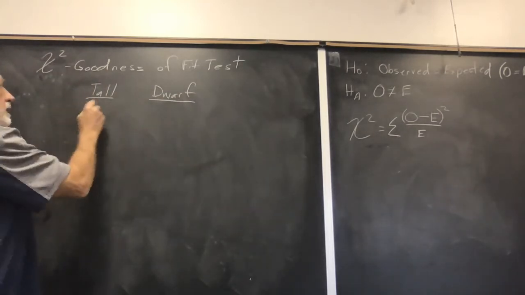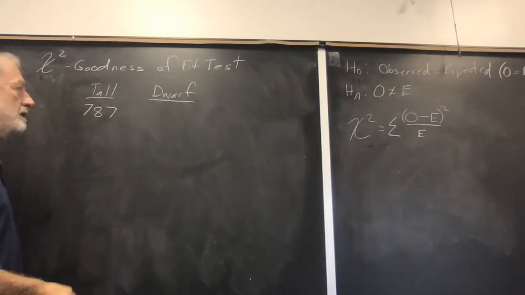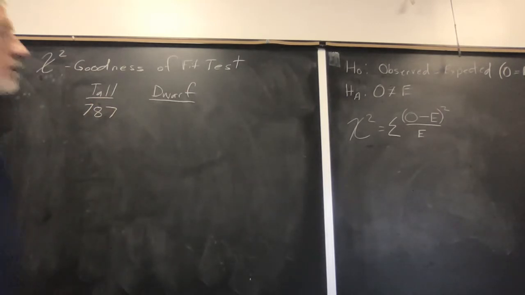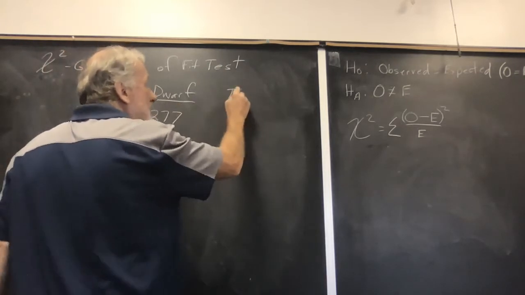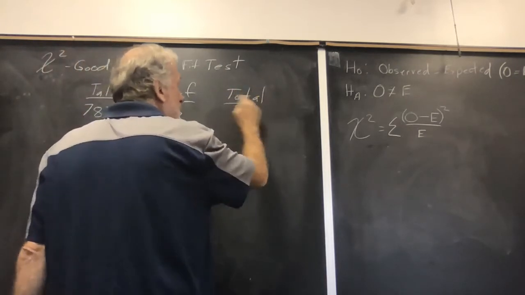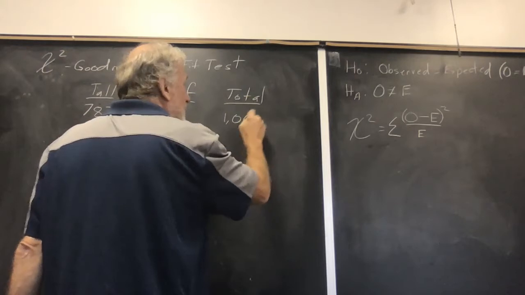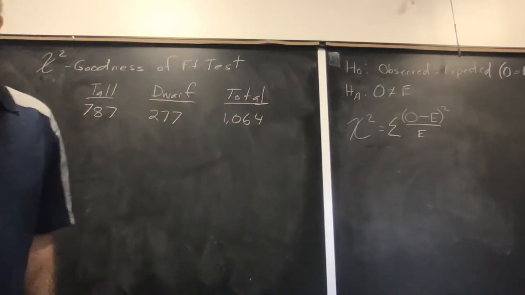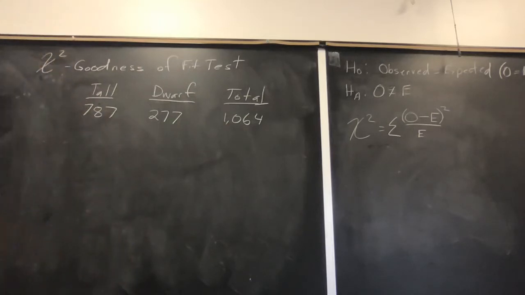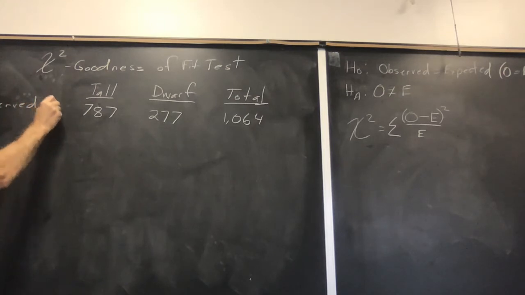We got 787 tall plants and 277 dwarf plants. That is 1,064 little baby pea plants. So this is our data, or our observed numbers.